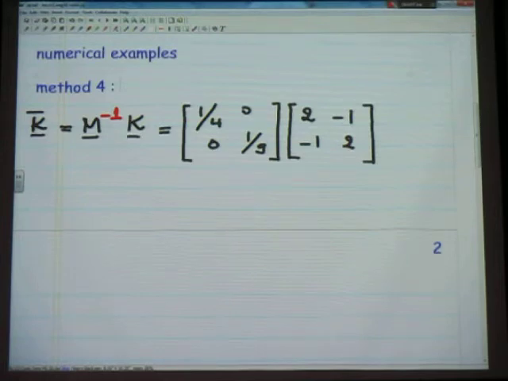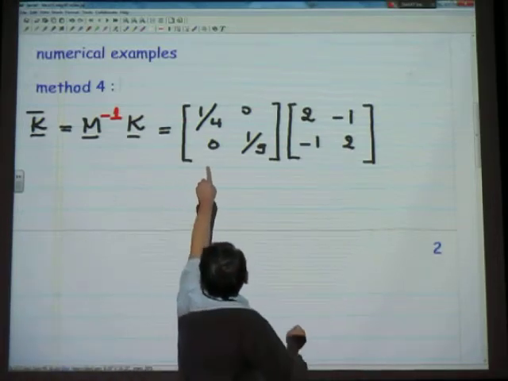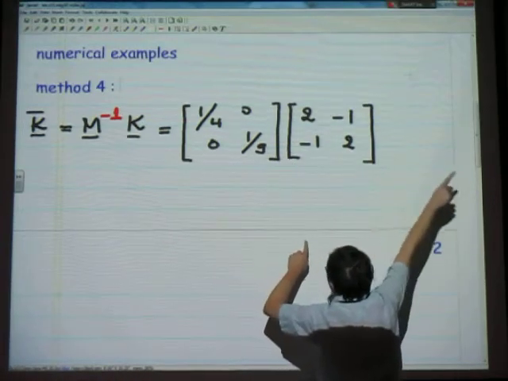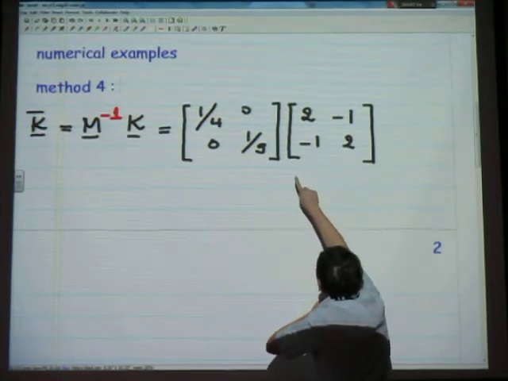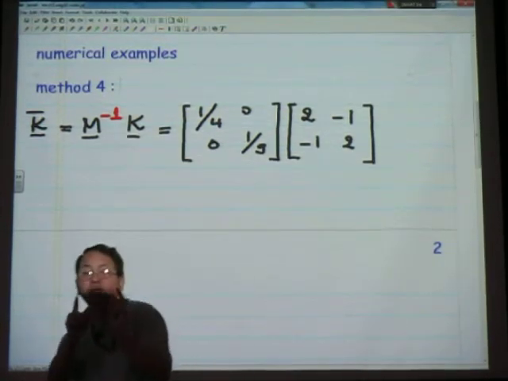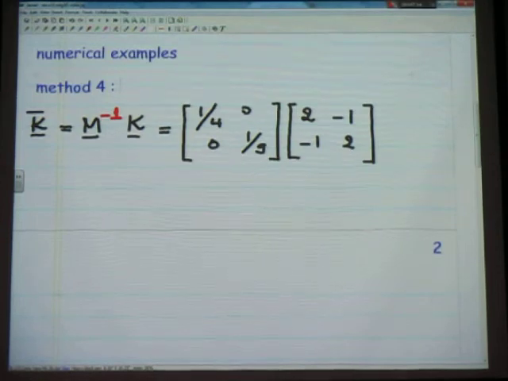If you multiply this out, as I already mentioned before, it's like taking the coefficient 1/4 multiplied by the first row and the coefficient 1/9 multiplied by the second row. Make sure that you know how to do that. If not, please come to see me. Otherwise I would write the result immediately here.